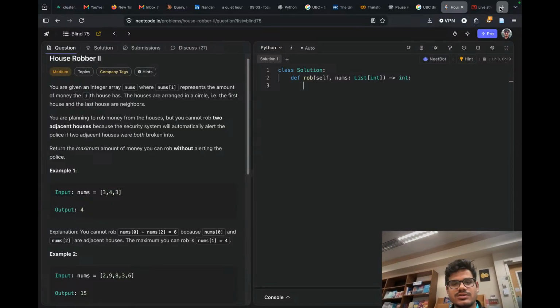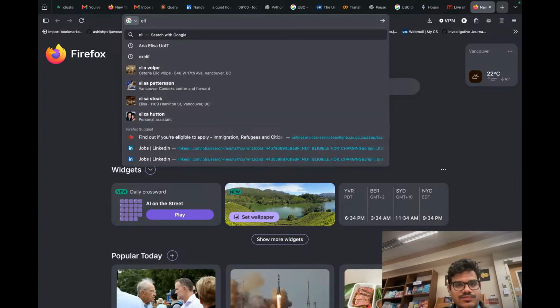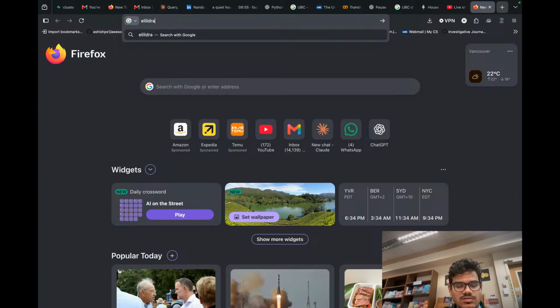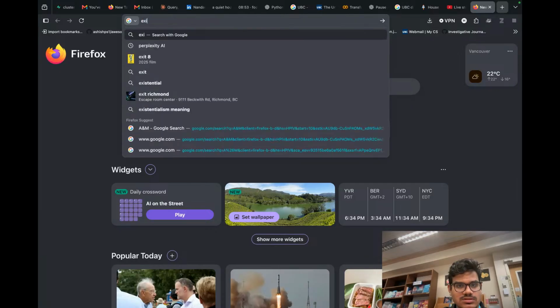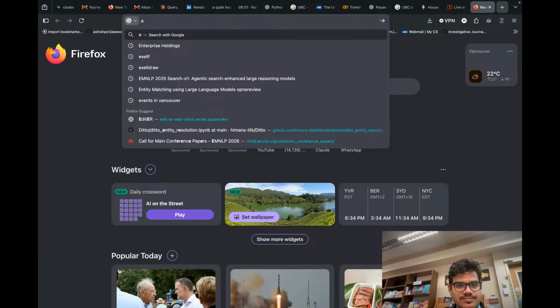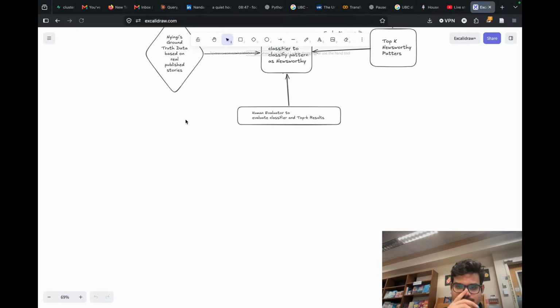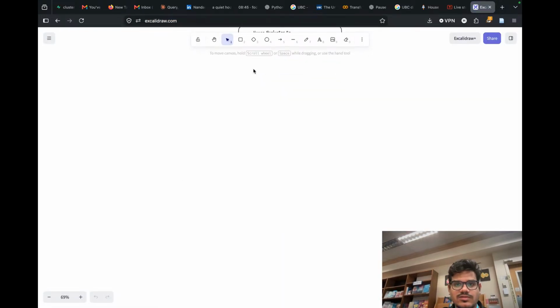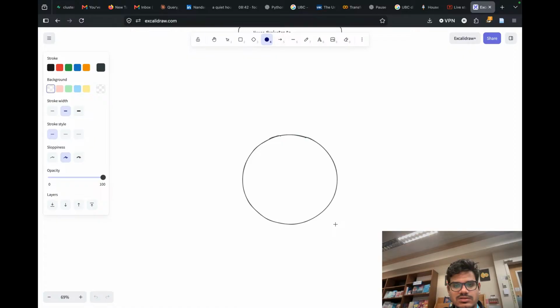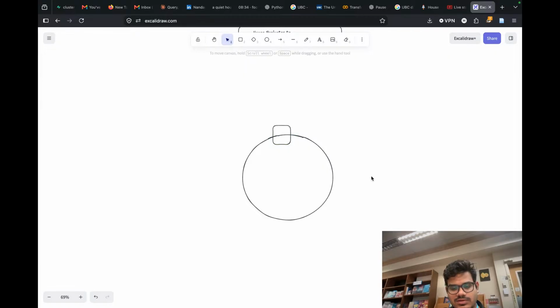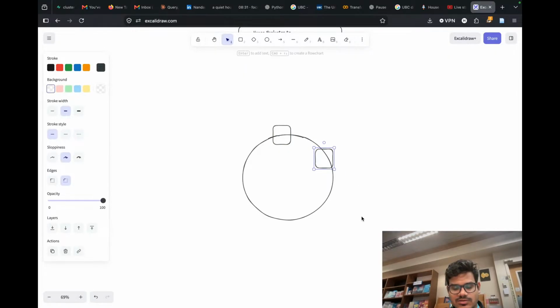So now here the problem is, let me draw. Here what is the thing is, there is a circle. Houses are arranged here, and the houses lie, let's say, on the circle. So there are multiple houses.